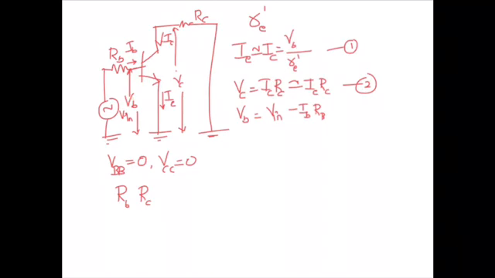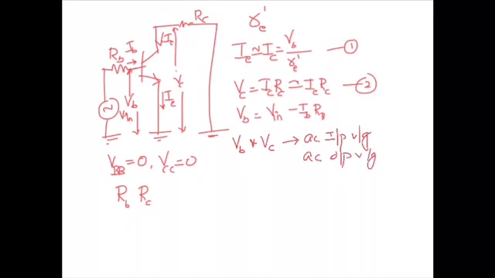Now, if I consider VB and VC as the transistor AC input voltage and transistor AC output voltage, VB is the AC input voltage and VC is the AC output voltage. Now let us write the voltage gain, which is the ratio of VC to VB. The voltage gain AV is equal to output voltage by input voltage. Which is output voltage here? VC. Which is input voltage? VB. So AV is equal to VC by VB.